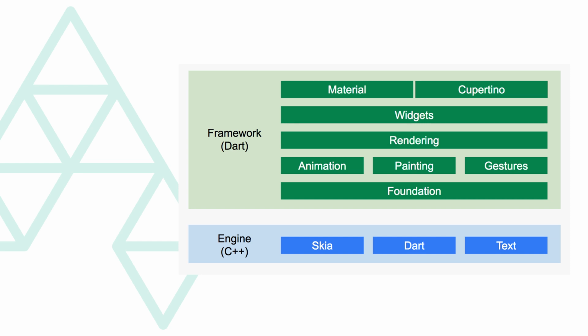The lower you go in the framework, the more control you have, but typically you stay up at the top, which is an abstract layer over everything.